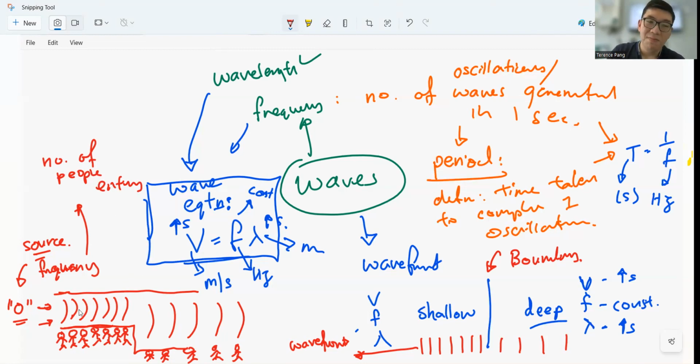But because the first room is tighter, with less space, the people are forced to squeeze around each other, whereas the second room has more space, so they can be spread further apart. So it doesn't mean that the frequency changes for both of them. It's just whether you have more space or less space to be in.